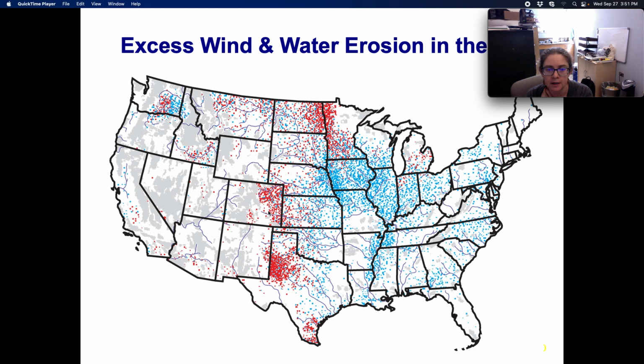There's some scattered areas with some wind erosion, and then up here, North Dakota and western Minnesota are also at risk. There are a lot more places that have excess water erosion. So you can see the Corn Belt pretty clearly right here. Areas along the Mississippi where you would expect to see flooding definitely have it as well. And then there are little pocketed areas in other parts of the Southeast, Midwest, and Northeast.